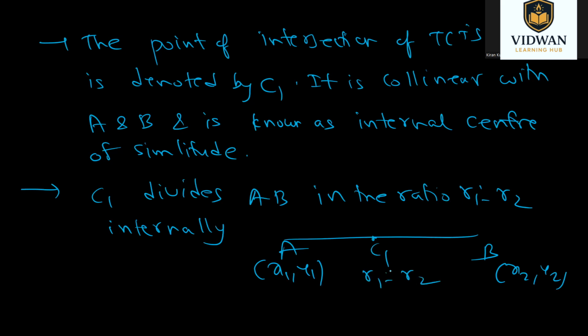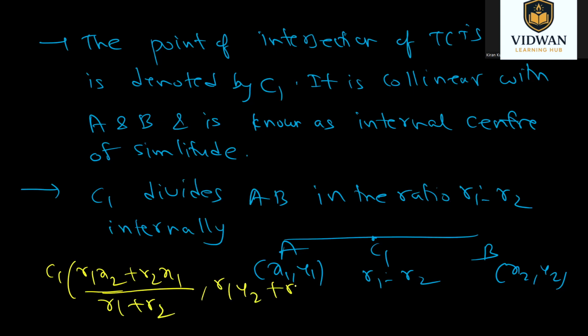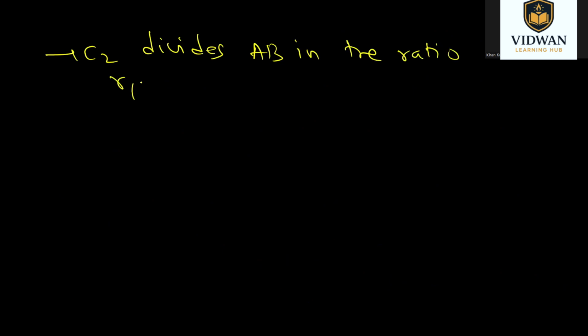So if you have to find it, you can use the section formula and write that as (R1 x2 plus R2 x1) by (R1 plus R2), comma (R1 y2 plus R2 y1) by (R1 plus R2). So you can write it by section formula. Similarly, C2 will divide AB in the ratio R1 is to R2 externally.